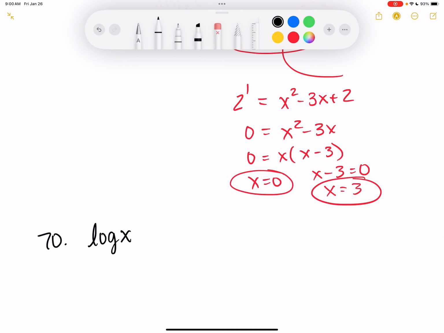All right, log of x plus log of 3x minus 13 equals log of 10.